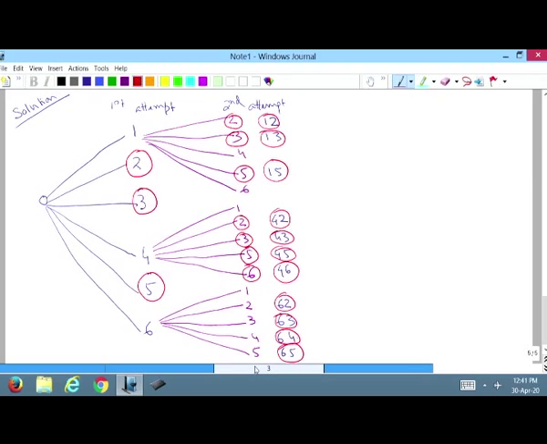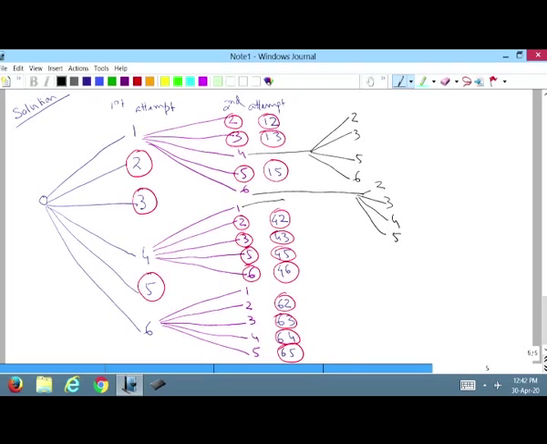So, in the remaining cases, we now proceed to pick the third number, and suppose we got this 1 4, then from 1 4 we can get 2 3 5 and 6. From 1 6 we get 2 3 4 and 5.